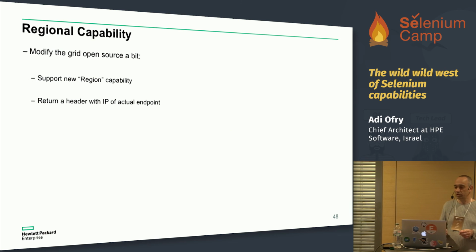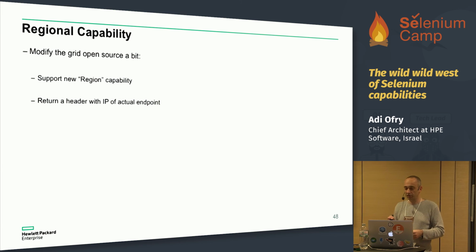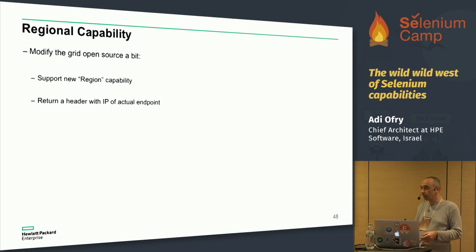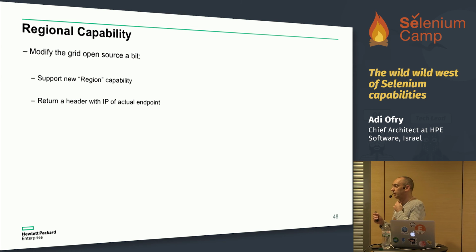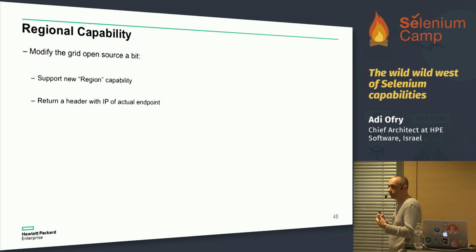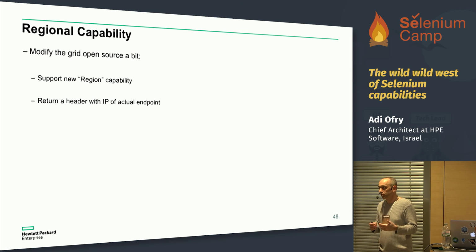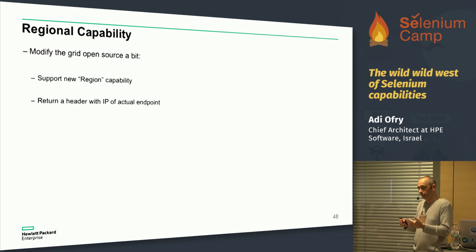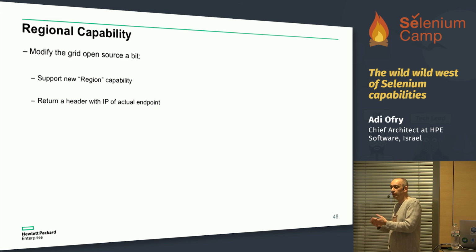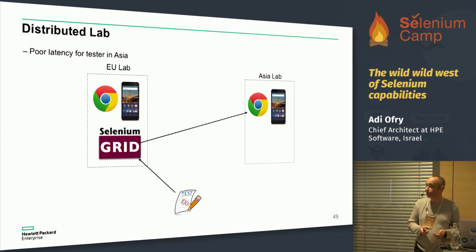So what we did is modify the grid open source a little bit. We want to support a new capability called region and return a header, so it will not affect the actual protocol, that tells the client where the actual device to connect to is. So here is the problem.